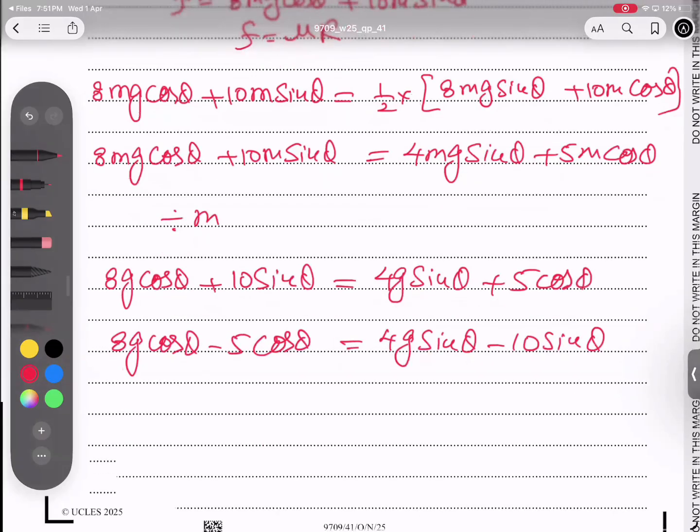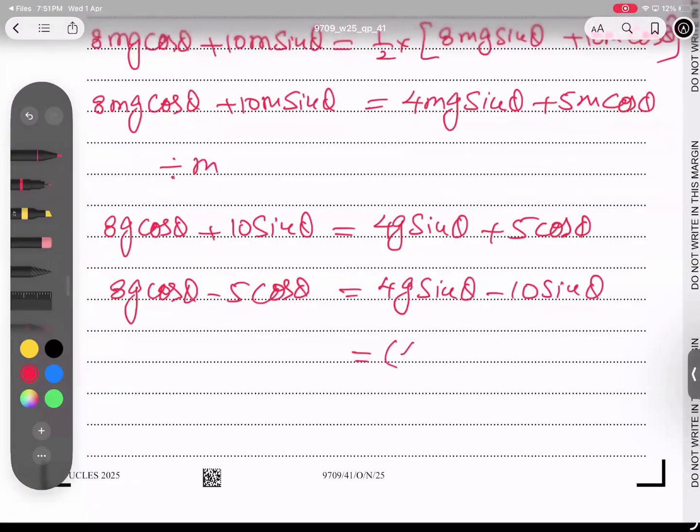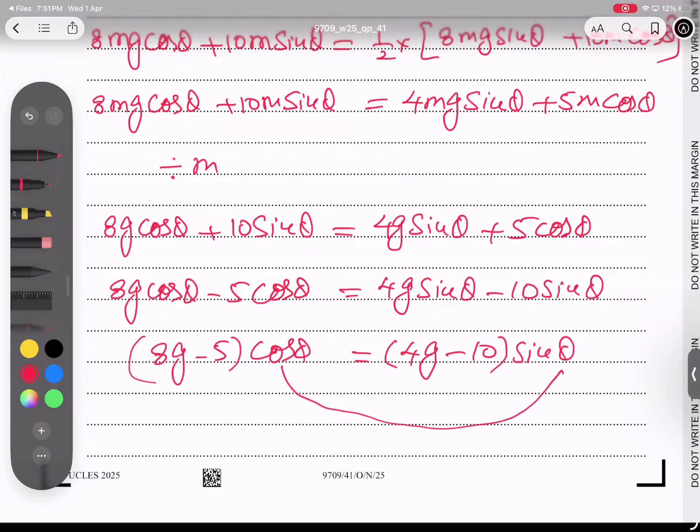So what is common from here, students? Sine theta is common. So 4g minus 10 sine theta, and here 8g minus 5 cos theta. So I can bring cos under it and this on this side. So I get 8g minus 5 over 4g minus 10 equal to tan theta.